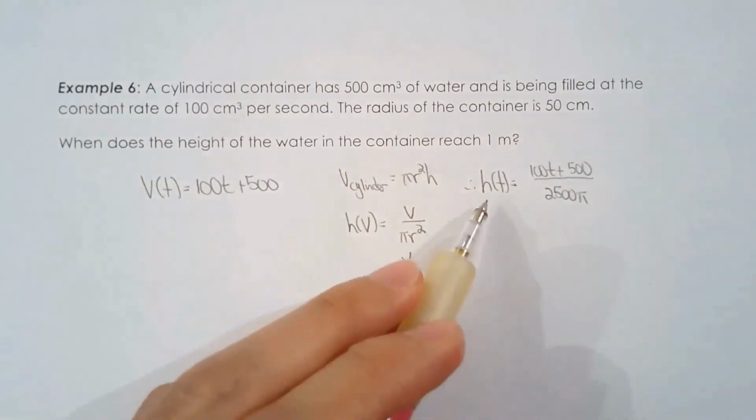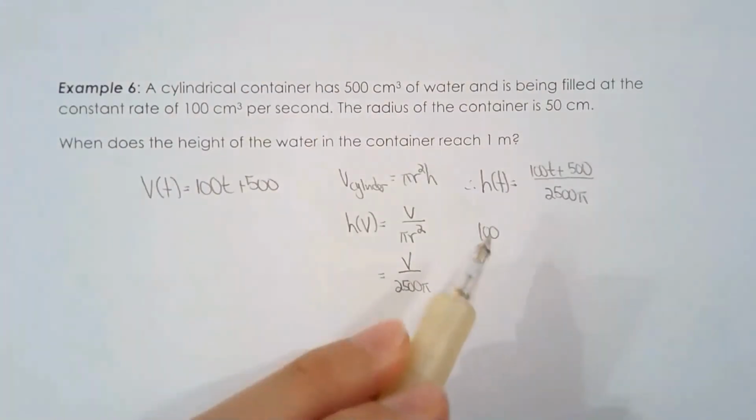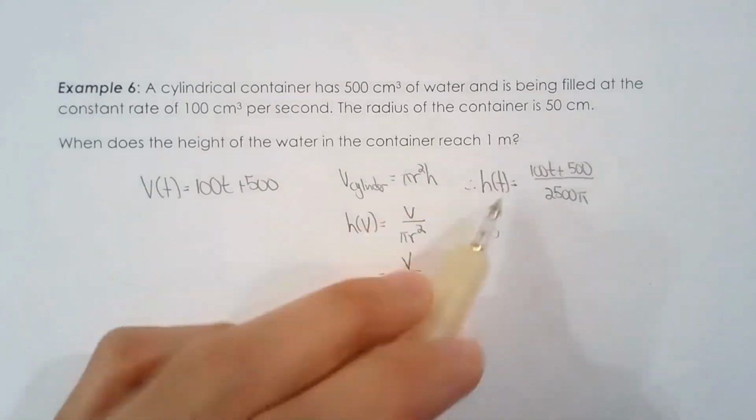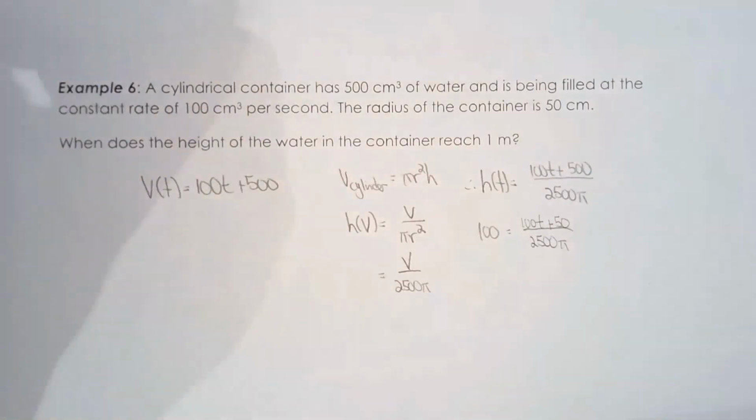We're going to let H of T, the height of the water in the container, be 100. Be careful, it's 100 because we're working with centimeters and this is a meter. So 1 meter is 100 centimeters. And we solve for T, the time.